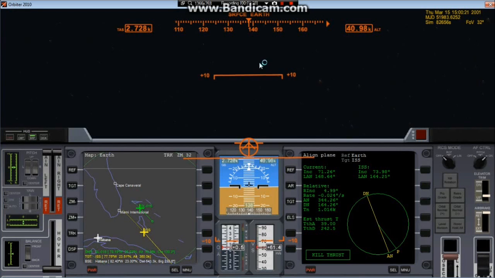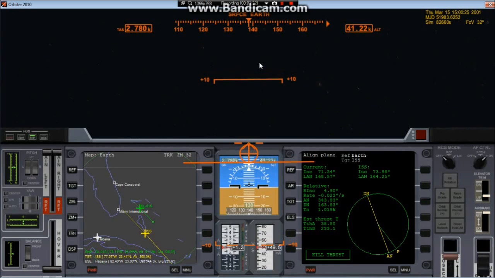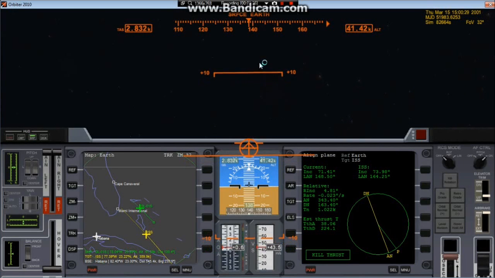Use a little bit more upward trim so that we can accelerate a little bit faster. 2,800 now.